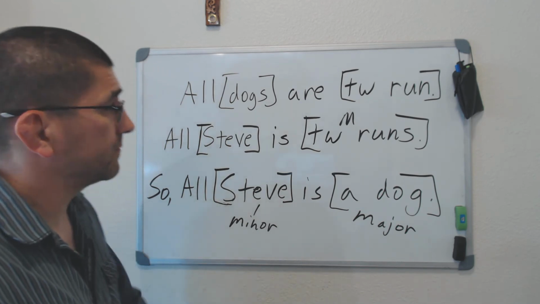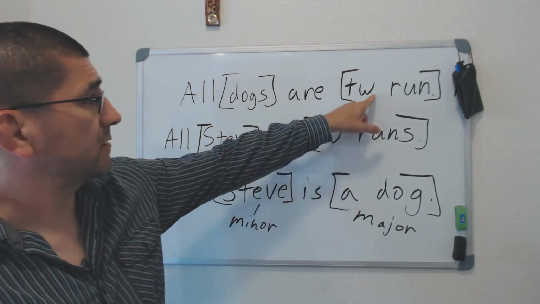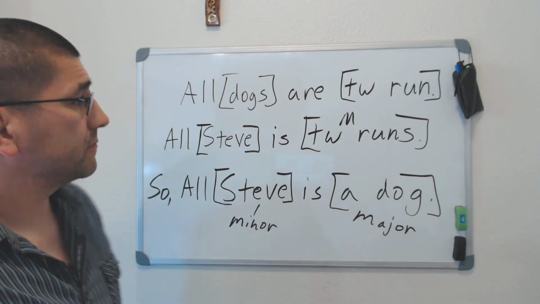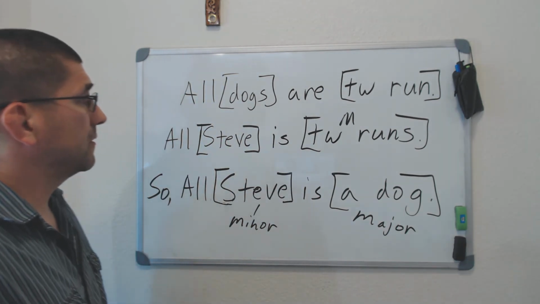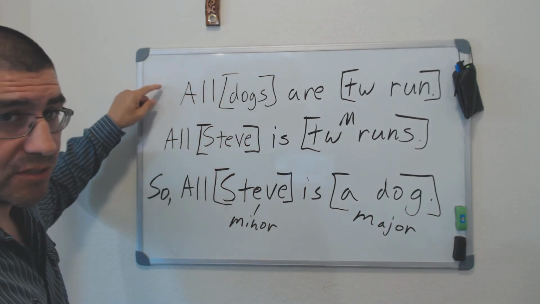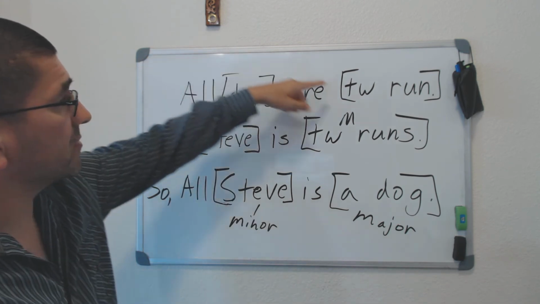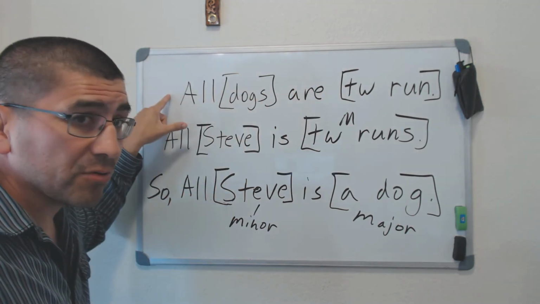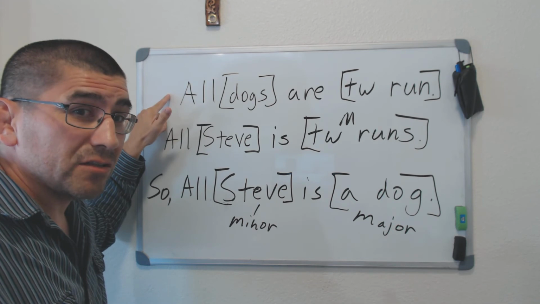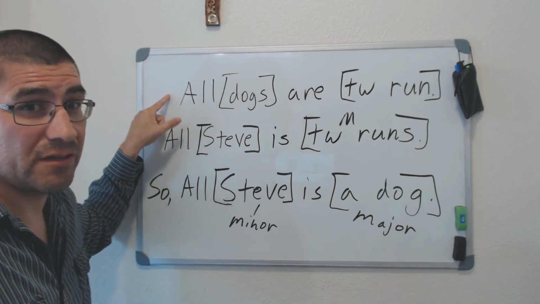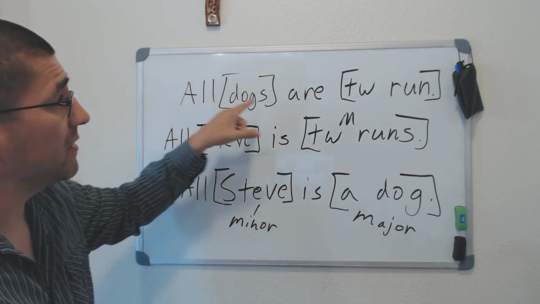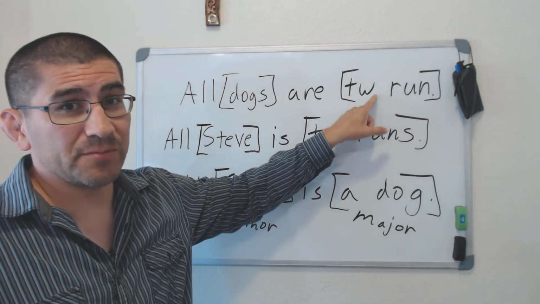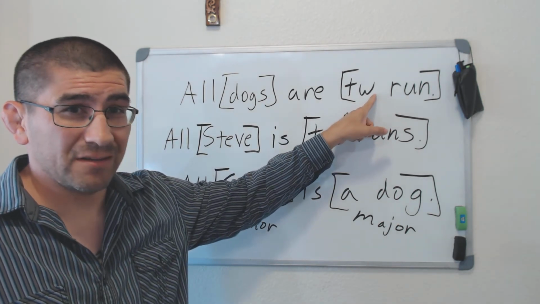Where's our middle term? Here it is. Let's check it out in this proposition right here. All dogs are that which run. This is an A proposition. So if you see the chart on distribution, in the A proposition, is the predicate term distributed?